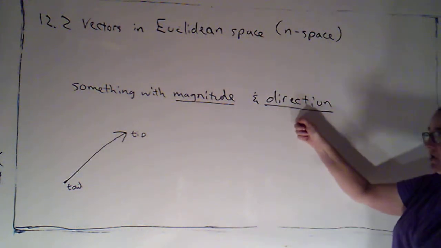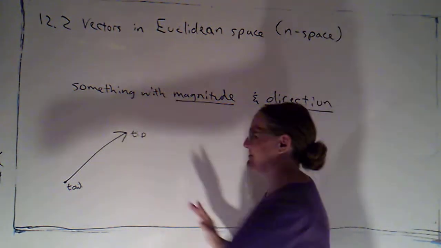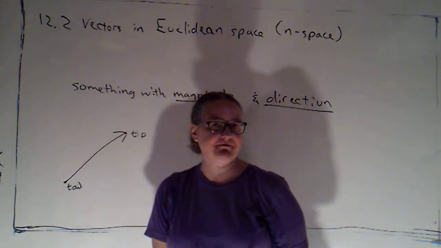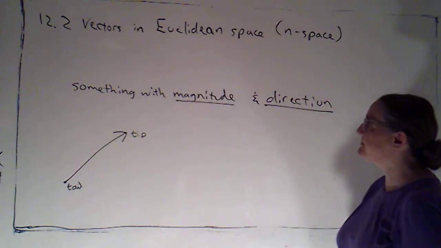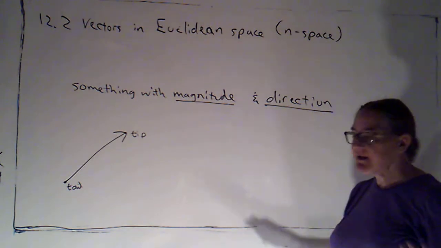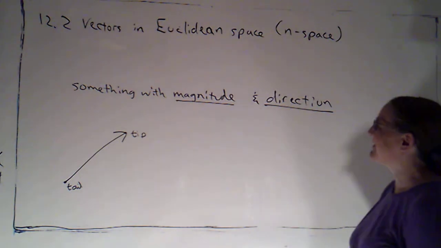And of course, it has a direction as well, which we indicate by indicating that this is the tip, so that we're going up and to the right, not down and to the left. Okay, and so I can have arrows in 2 space or 3 space. Can have them in 4 space too, but we're not going to worry about that right now.